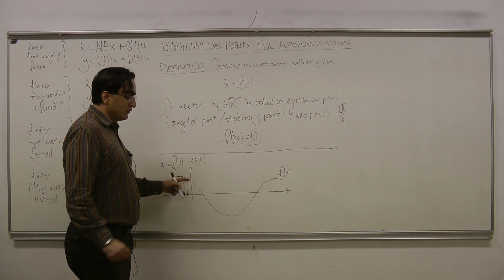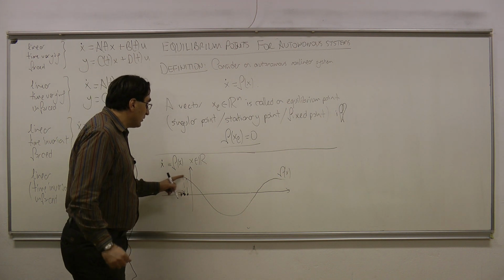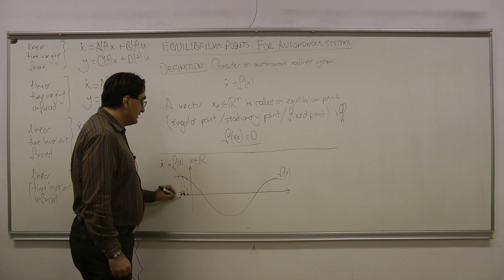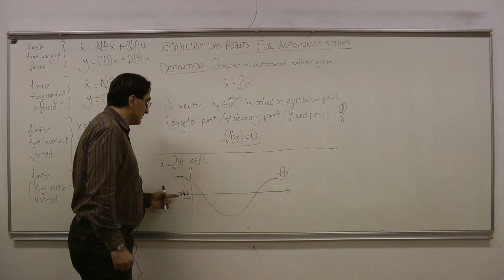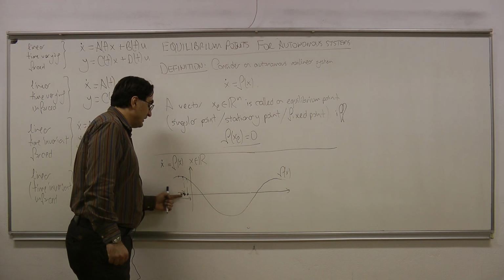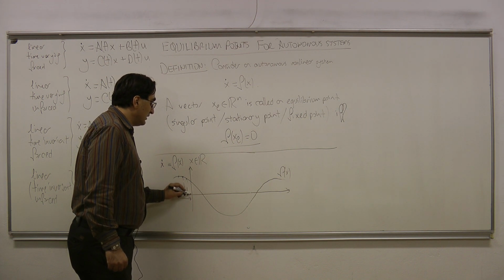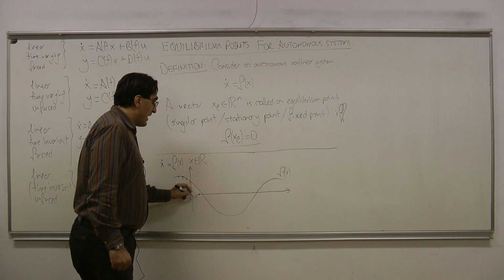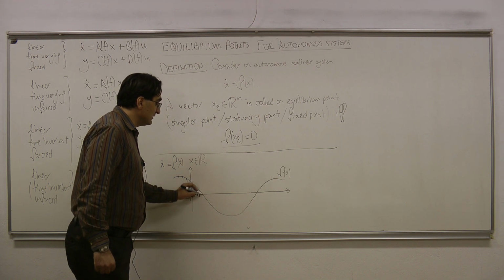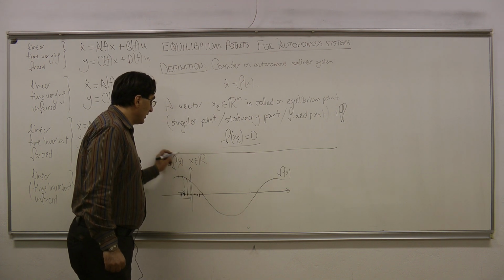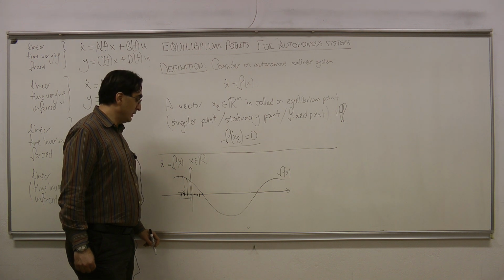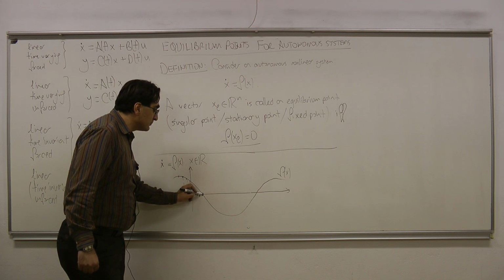What does a change in f of x mean? The velocity of x would decrease when the system takes the state from here to here. The velocity is always decreasing as I go towards the right. So x is getting slower and slower as it approaches this point at which f of x is equal to 0.